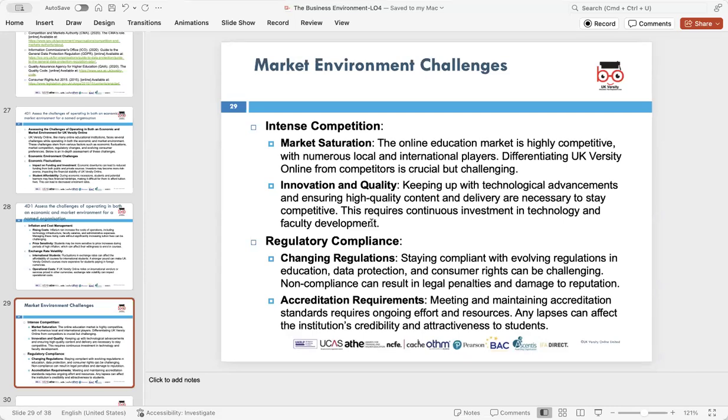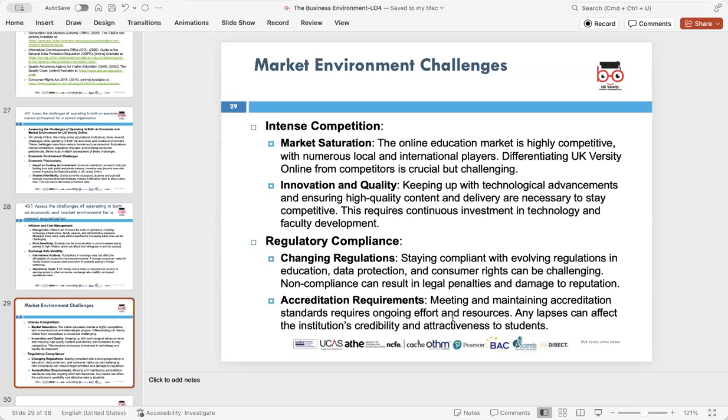Staying compliant with these changing regulations can be challenging for UK Varsity Online. Non-compliance can result in significant legal penalties and damage to the institution's reputation. So it is essential to have robust compliance mechanisms in place to monitor and adapt to regulatory changes, ensuring that all legal requirements are consistently met.